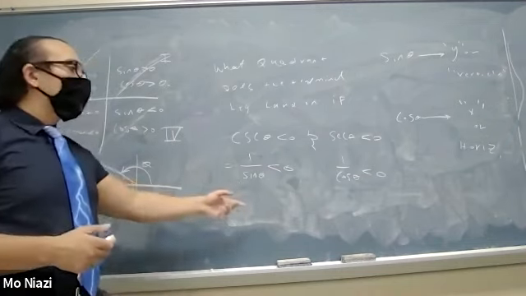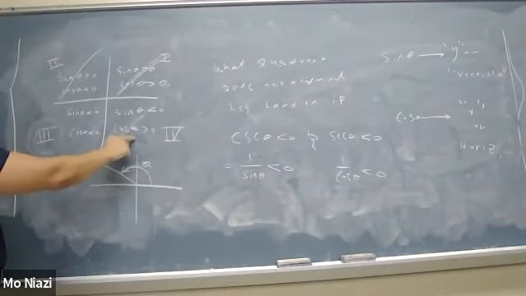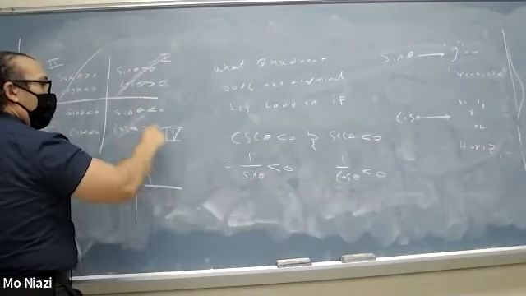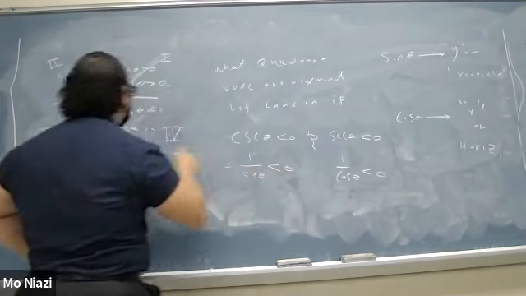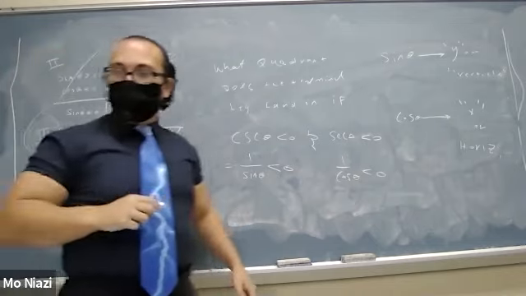So you only need to find the quadrant that has negative cosine. Because this quadrant has positive cosine. So this piece of information, which means we need to have negative cosine, effectively removes this as a possibility, leaving only one possibility, quadrant 3. Okay.